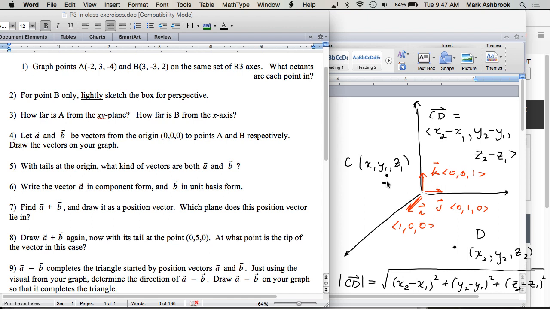If it's the magnitude of that vector, then it's the distance from C to D. So this is also the magnitude of a three-dimensional vector. It's also the distance between the points at the end of the vector, because that's how we represent magnitude when we draw a vector. It's the length of the vector. So this becomes our distance formula as well. Distance from C to D.